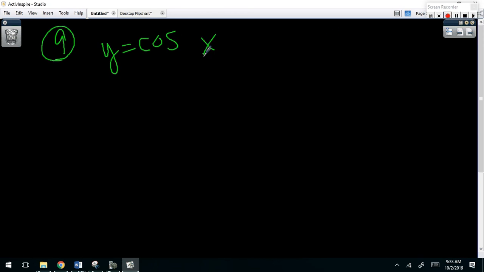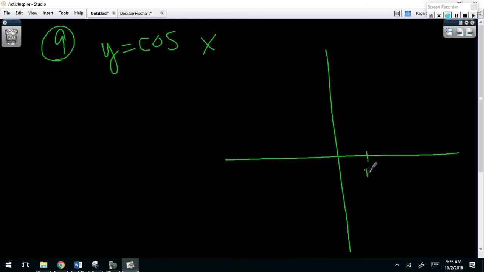Pi over 2. You're going to see that these are so similar, in fact, that the only thing they've done is shift over, essentially. Negative pi, negative 3 pi over 2, negative 2 pi, 1 to 1.